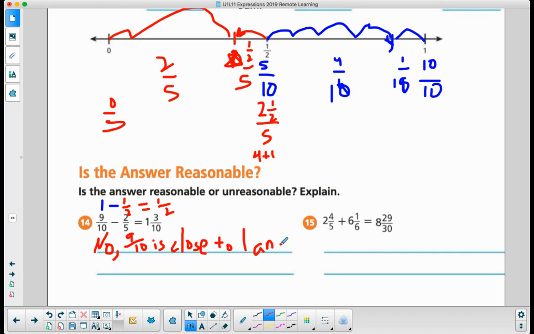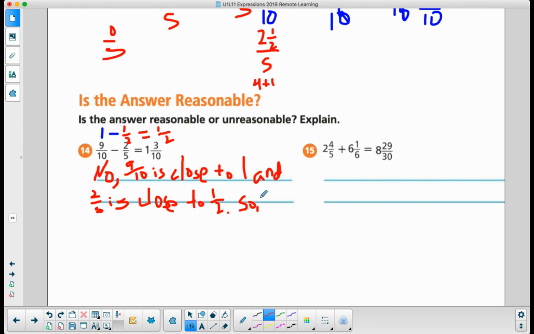And 2/5 is close to 1/2. So, well, actually, I wouldn't say so yet. 1 subtract 1/2 equals 1/2.